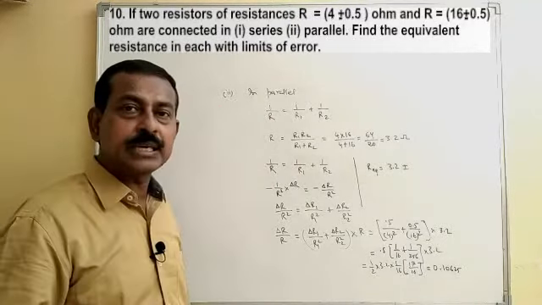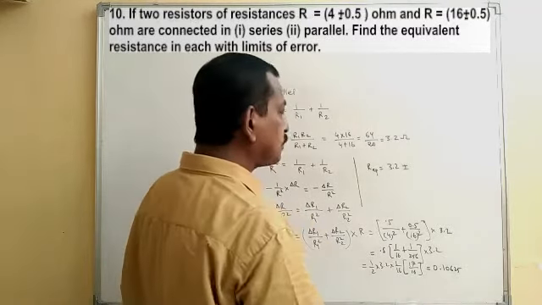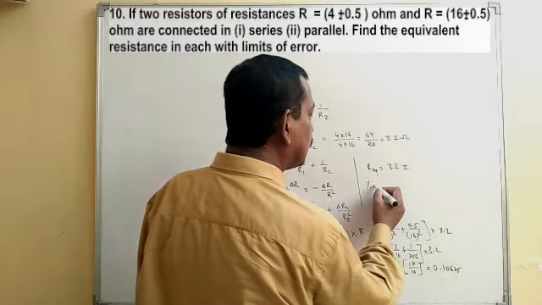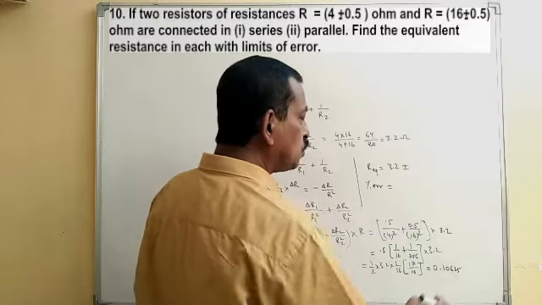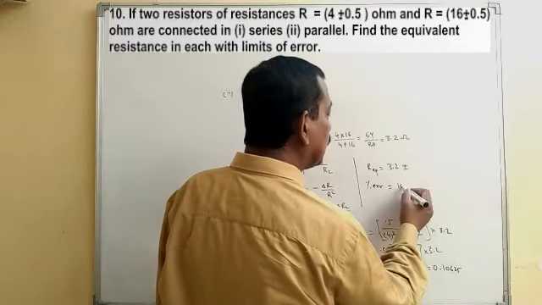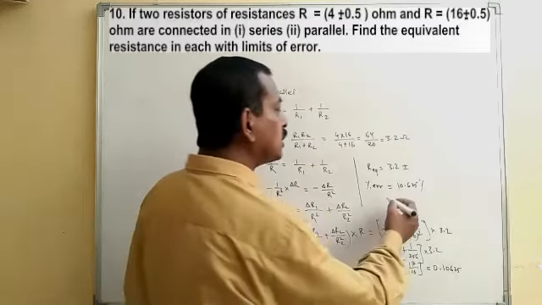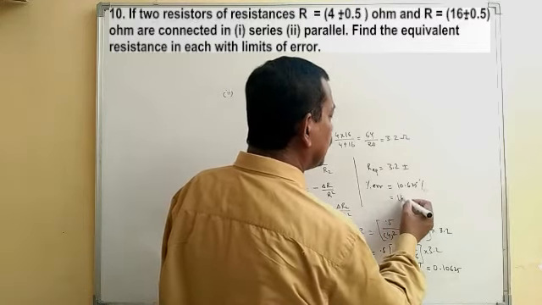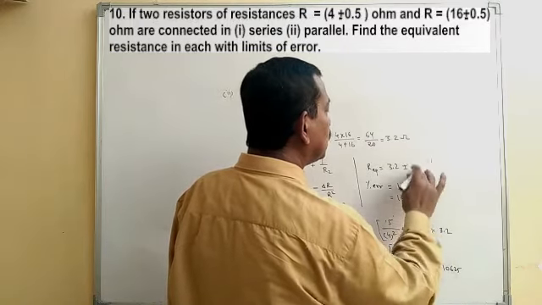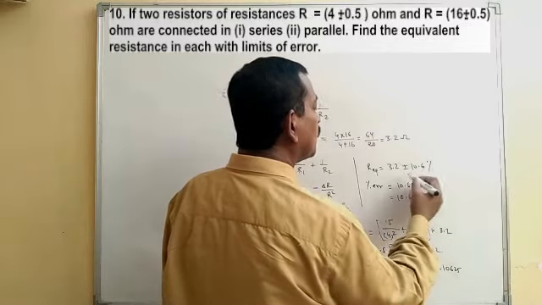In percentage error, if you are writing, in that case it may be written as percentage error. This will be this term multiplied by 100. So this will give you 10.625%, or this is 10.6%. So it can be written as this much.